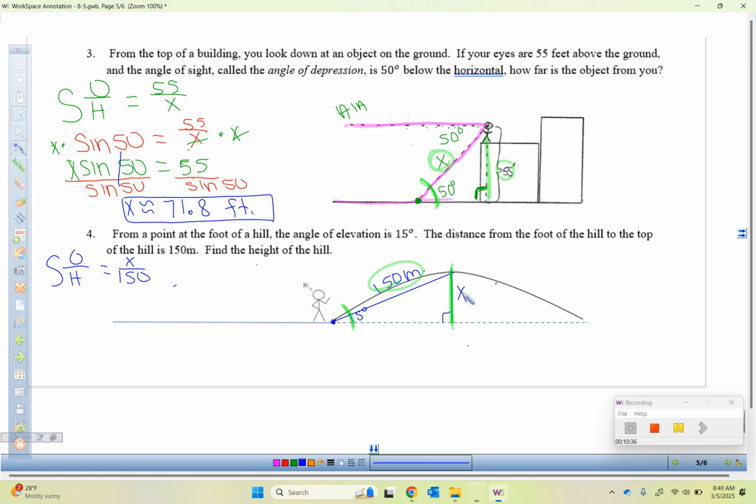Okay, so am I looking for a side or an angle this time? A side. So it's going to be regular sine. So I set this up by saying sine 15 equals my x over 150. Okay, getting rid of that denominator. I got to do it to both sides.